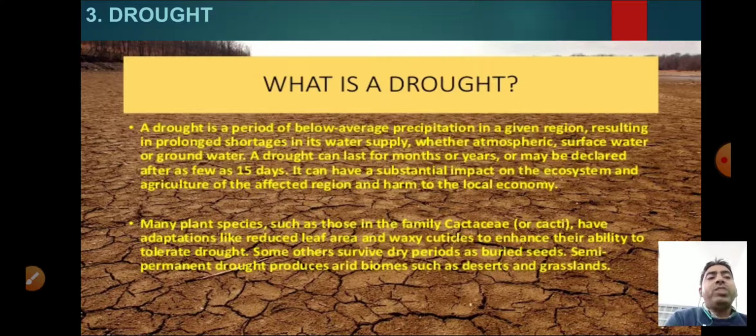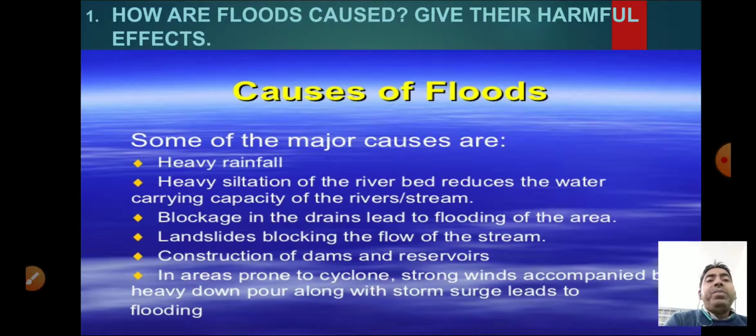A drought can last for a month or years, or may be declared after as few as 15 days. It can have a substantial impact on the ecosystem and agriculture of the affected region, and harm local economies.